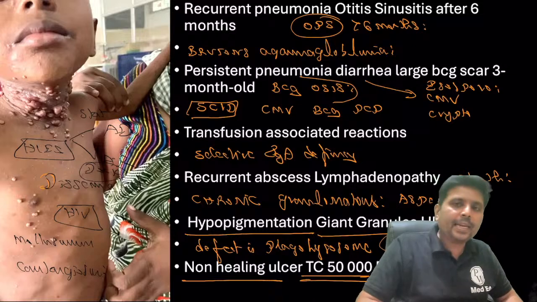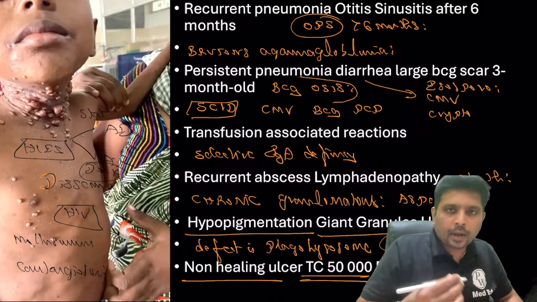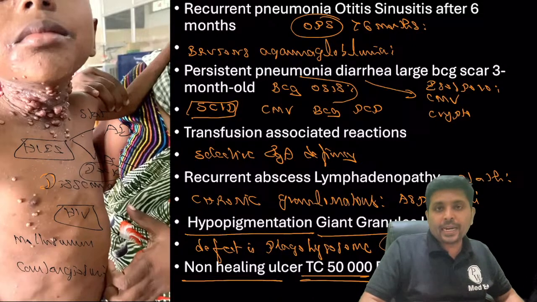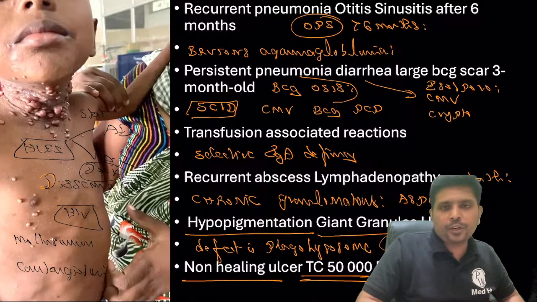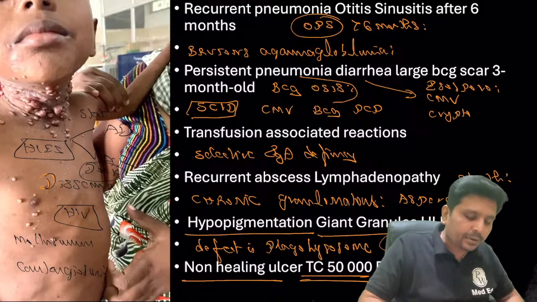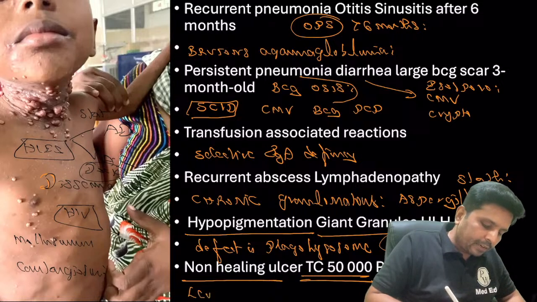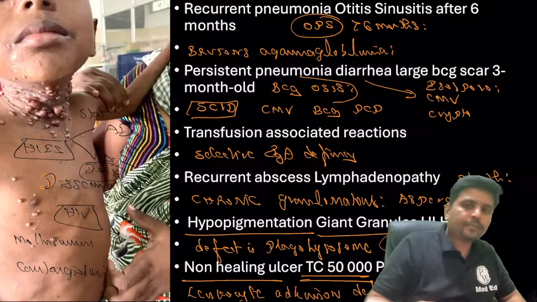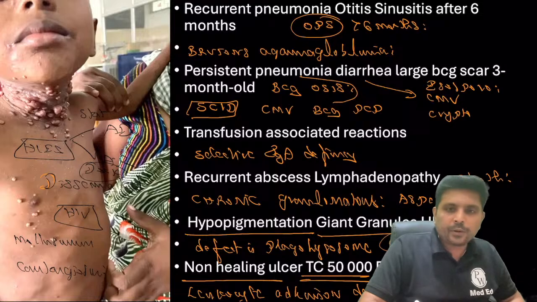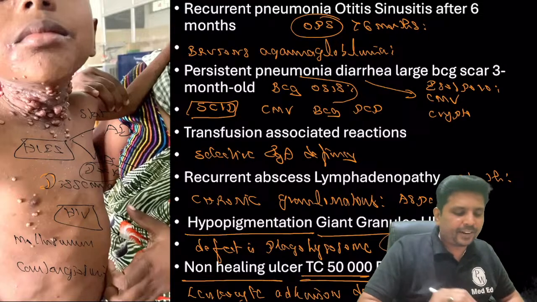A painless, non-healing pusless ulcer along with a very sky high absolute neutrophil count is suggestive of leukocyte adhesion defect.